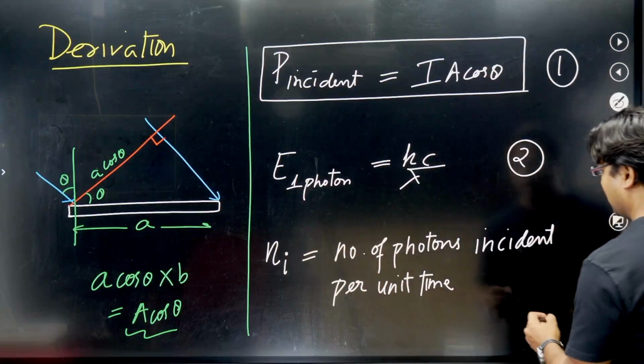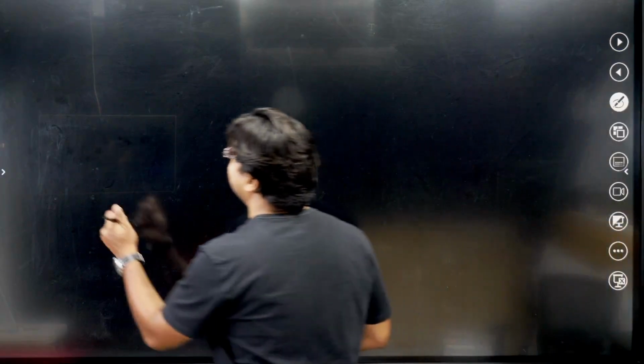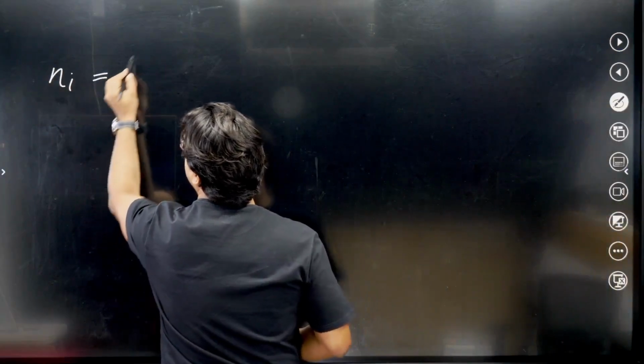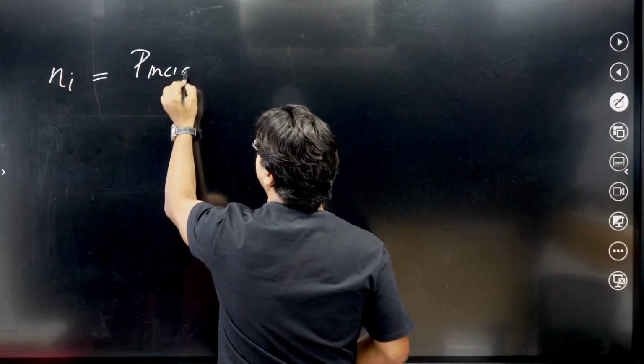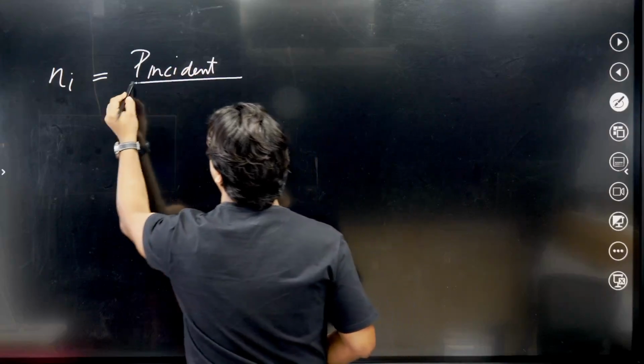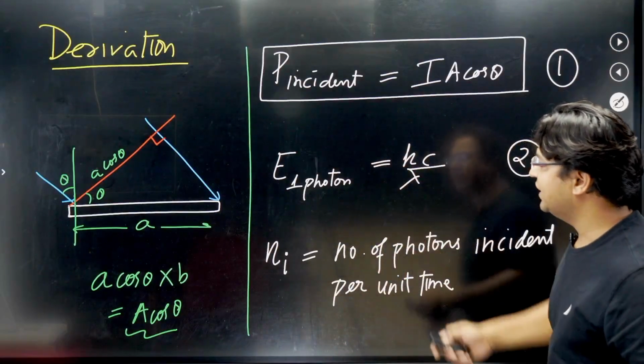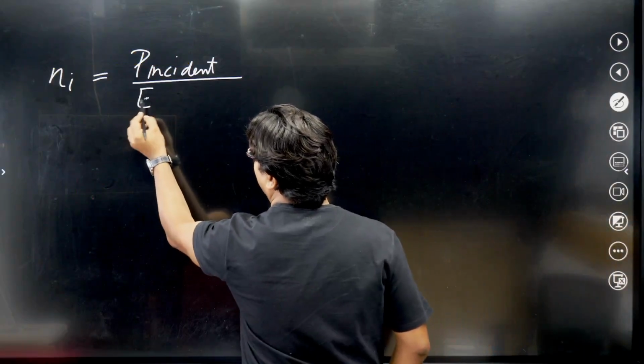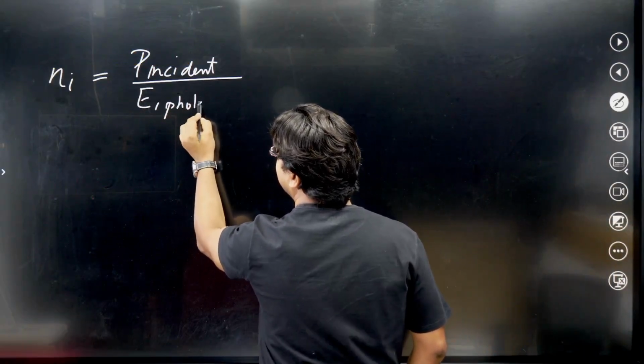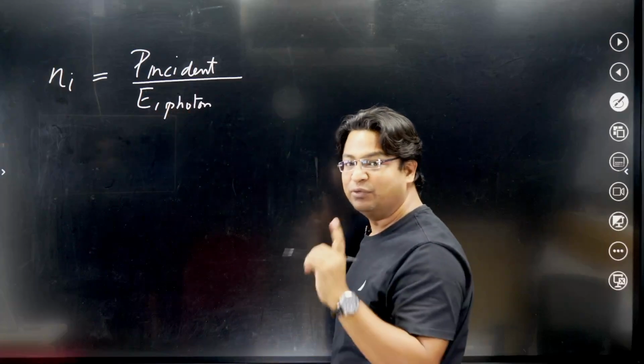So let me do that. n_i will be given as the incident power divided by the energy of one photon. So this will give me the number of photons incident in 1 second.